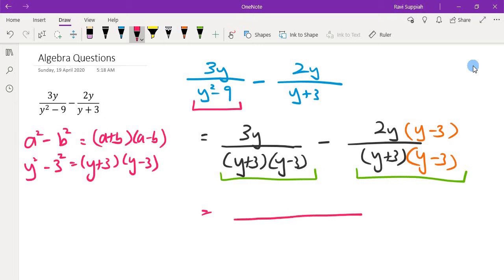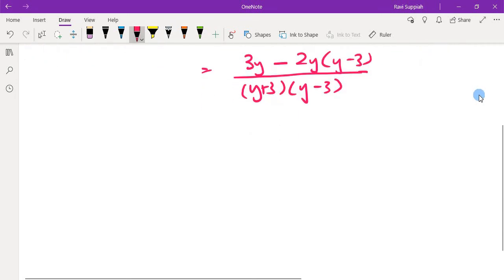So what I have now is y plus 3, y minus 3. And 3y's denominator is already this entire combination here, so you don't need to do anything. And here I've already multiplied by y minus 3, so the second term is 2y times y minus 3. The next step is just to open up the bracket on top.